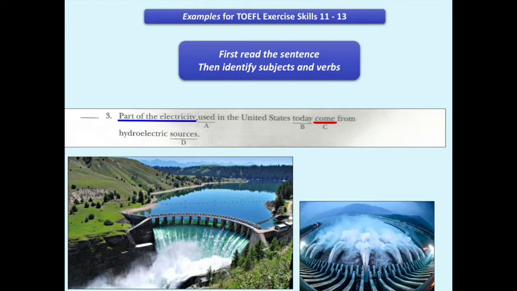So, our subject has an expression of quantity, part, and then of the. So we know from skill 12 that this word, electricity, has to match our verb. Electricity is singular. Come is not a singular ending.